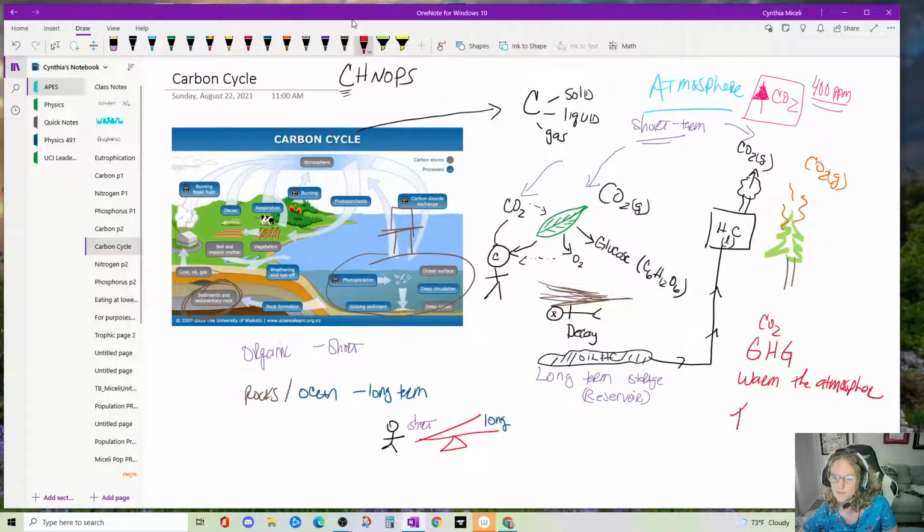It'll cause temperatures to rise in some places. It'll melt ice. It'll release methane. It will cause sea level rising. We'll get extreme weather events all over the world, and stuff will shift, and that's a big concern.